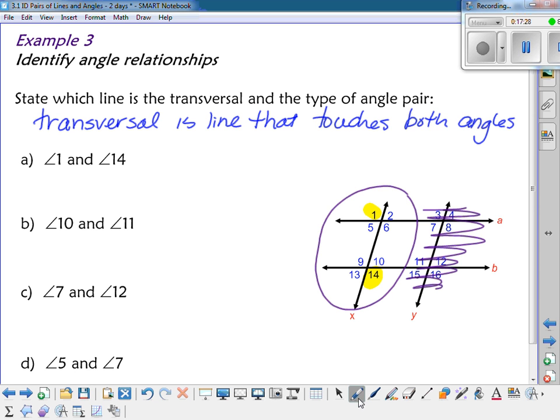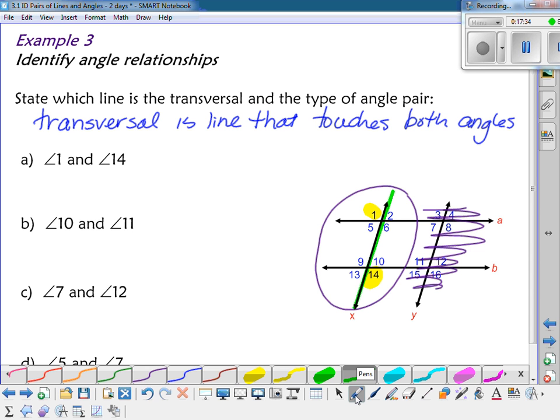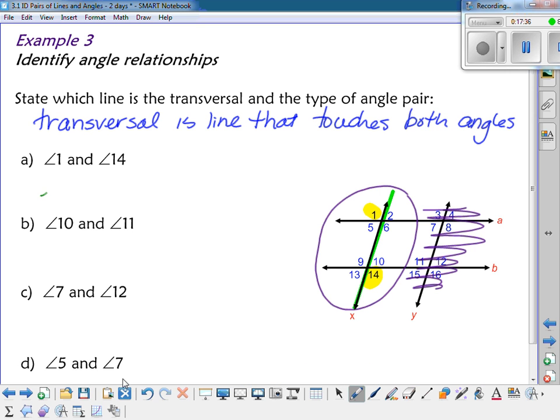Well, the transversal is line X because that's the one that's touching both angles. So line X would be my transversal. And I can see now that they are outside, so they're exterior, and they're on opposite sides, so they're alternate. So those are alternate exterior angles.